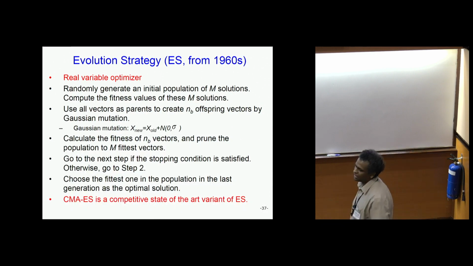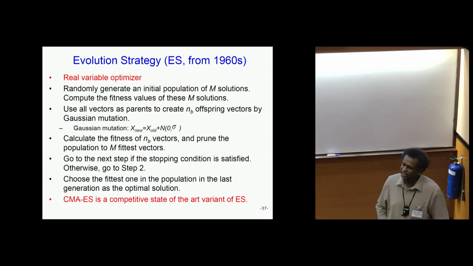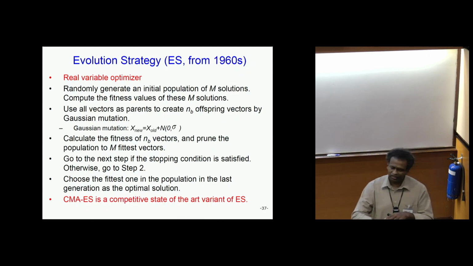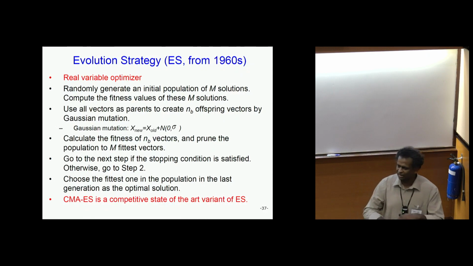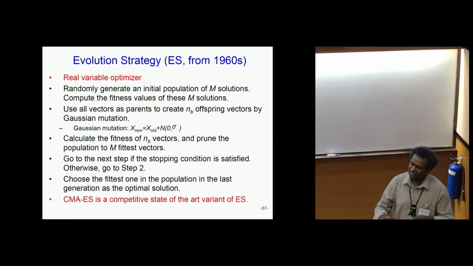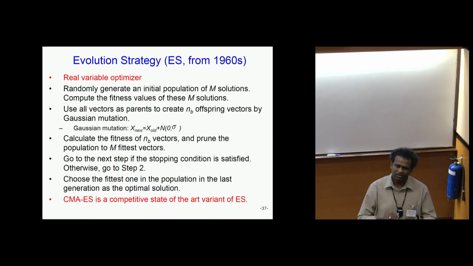Covariance matrix adapted. The covariance is the one that is going to de-link the decision variables. So when the decision variables are linked, related together, other optimizers may have problems because they may do decision variable wise search. Some of the optimizers do one decision variable at a time search.